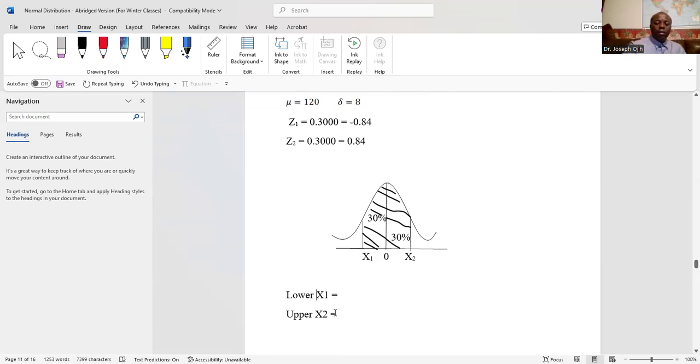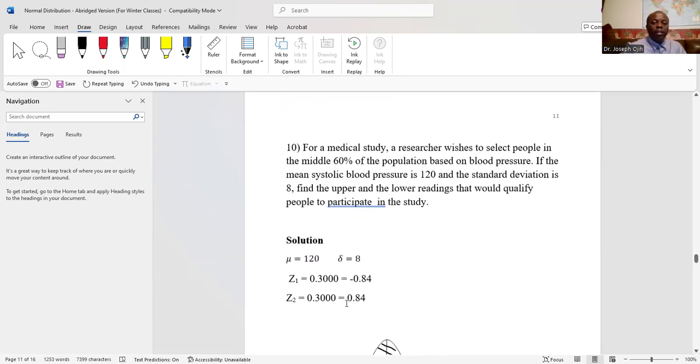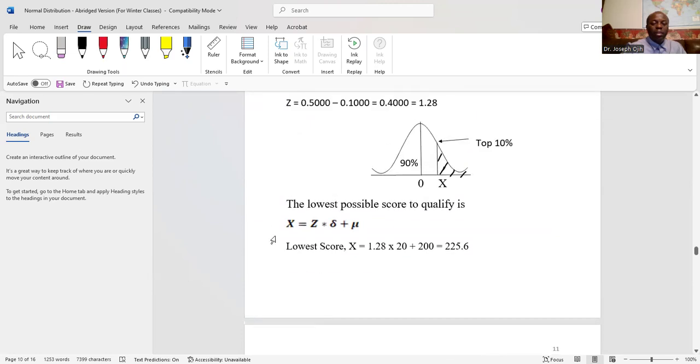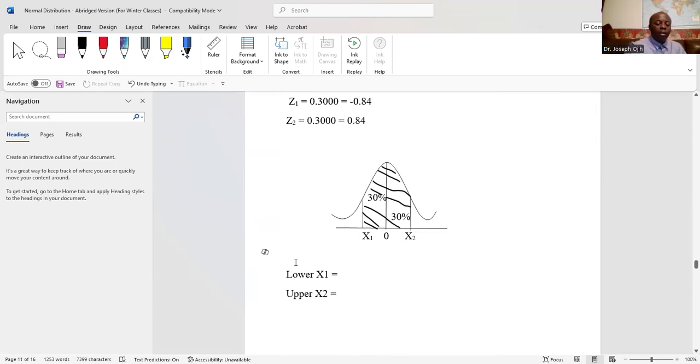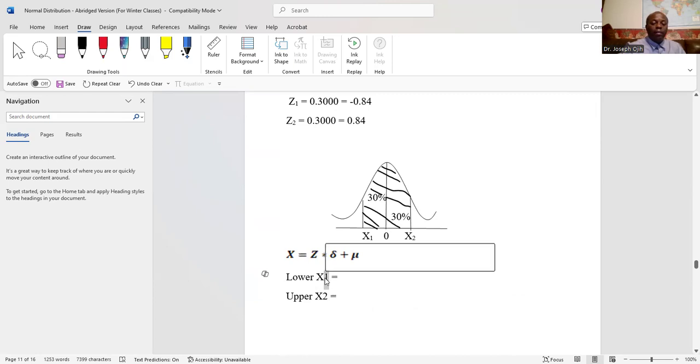Remember the formula: X equals Z times standard deviation plus mean. That's what we're going to apply here to get the answer.